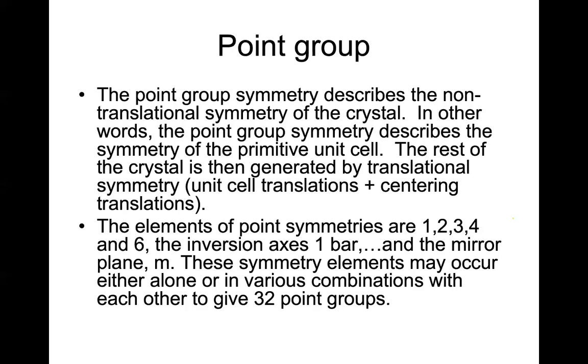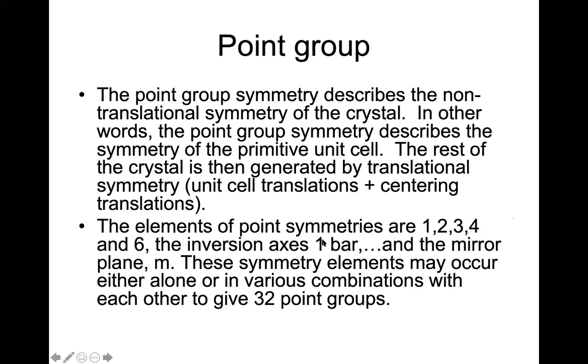In other words, the point group symmetry describes the symmetry of the primitive unit cell or a molecule. Like a water molecule, C2v, two-fold rotation and then mirror plane. That's all. The rest of the crystal is then generated by translational symmetry. If you don't have translational symmetry, you cannot have a three-dimensional crystal. Then it is only a molecule or a primitive unit cell, just one unit cell.